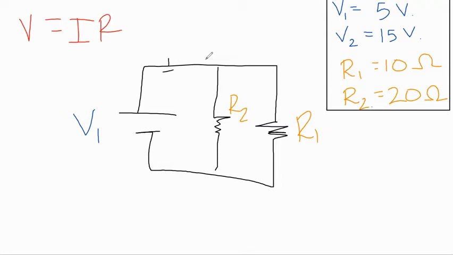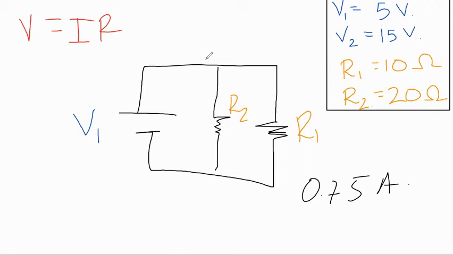And that's equal to the total current of the system. To do that, we just do whatever the voltage is divided by the total resistance, which is V1, which is 5 volts, over 6.67 ohms. And this gets you roughly 0.75 amps.